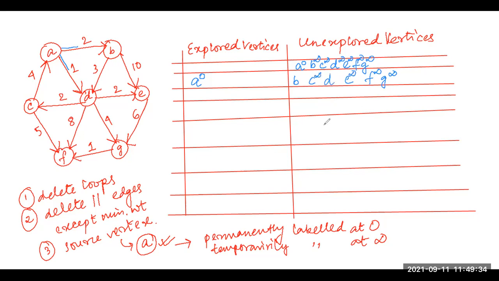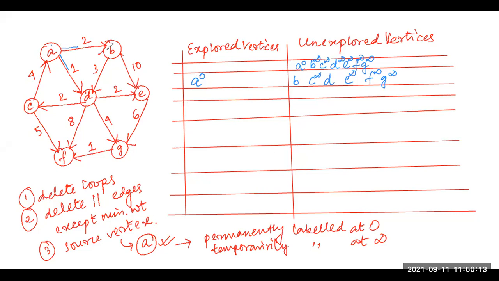The only 2 vertices which I will update are B and D. Now what will be the weight of these? The weight will be the weight of the last vertex in the explored vertices list plus the weight of the edge from A to this vertex. So for B how much will it be? 0 + 2, isn't it? Yes, ma'am. And for D how much will it be? 1. 0 + 1.